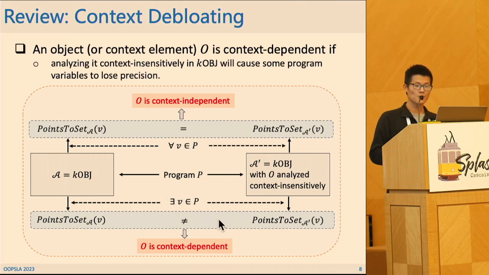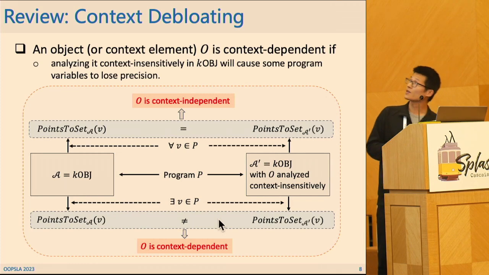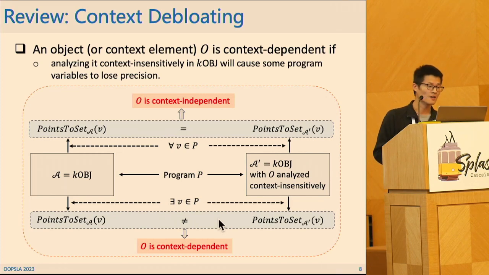And in a program, some objects are context-dependent and others are context-independent. Here is an illustration of whether an object is context-dependent or not. Briefly speaking, an object O is context-dependent if analyzing it context-insensitively in kobj will cause some program variables to lose precision.